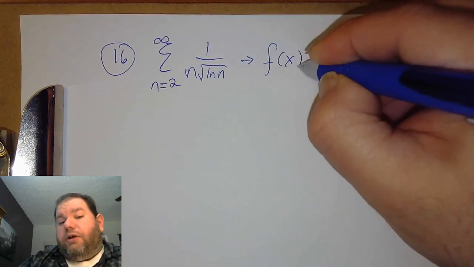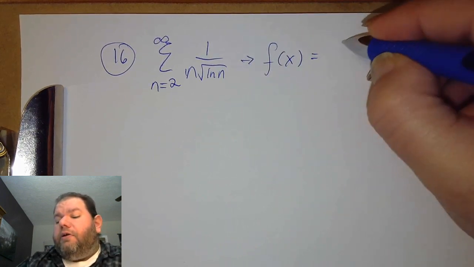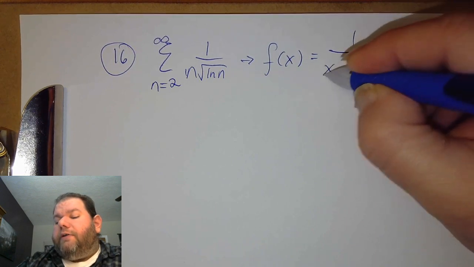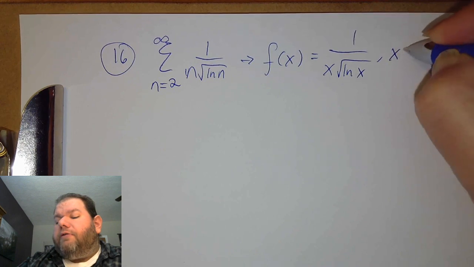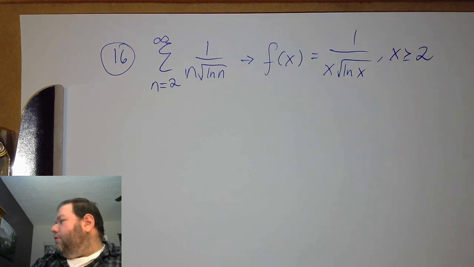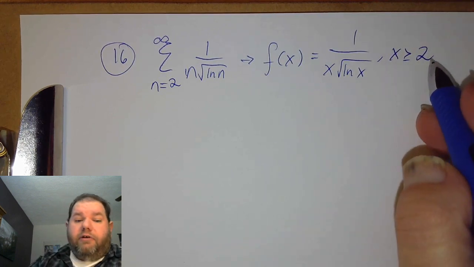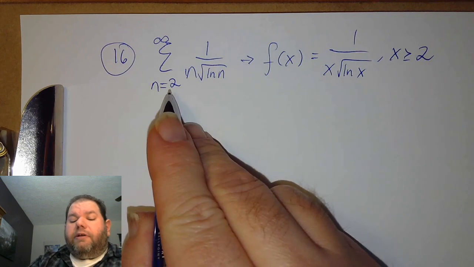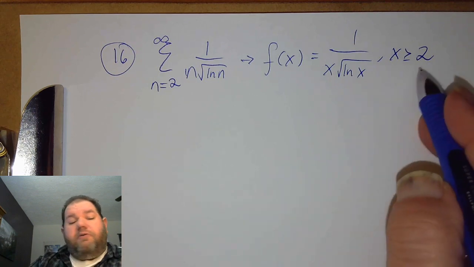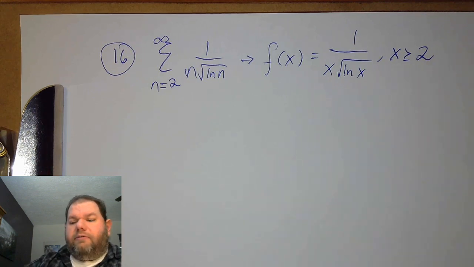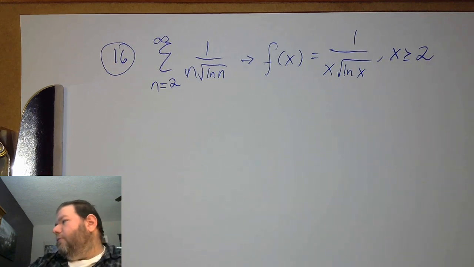So we'll create our function f of x equals 1 over x square root of natural log x for x greater than or equal to 2. And again, we say x greater than or equal to 2 because that's where the series is defined, 2 to infinity. So we want to make sure this reflects that.